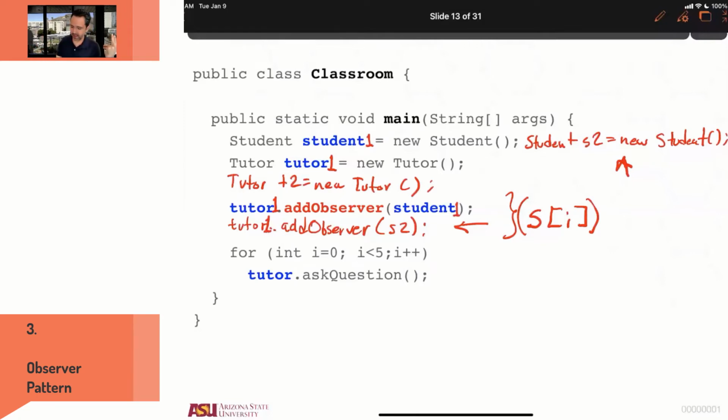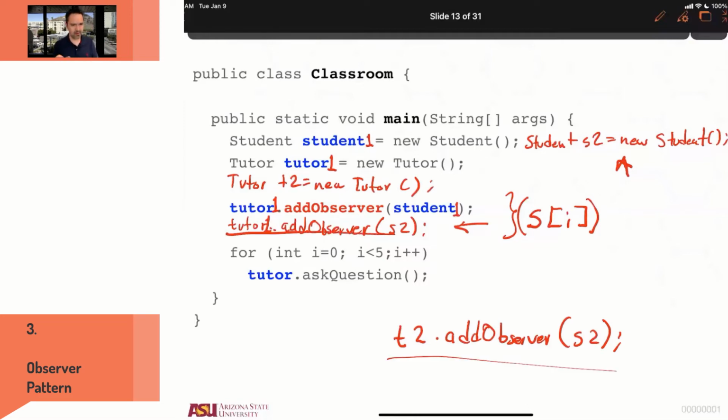And now I would like to have this tutor two being observed by student two. If I am student two, I am observing that tutor and that tutor. So I am observing two people in front of the classroom.